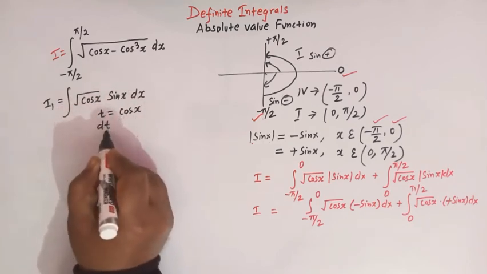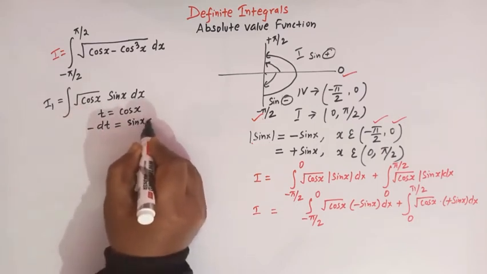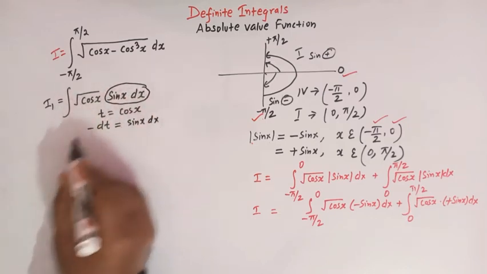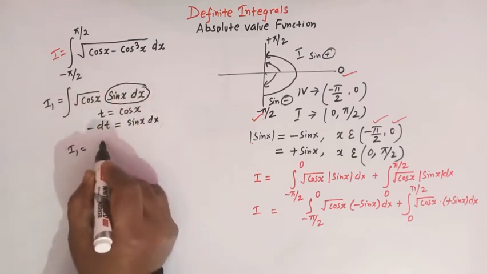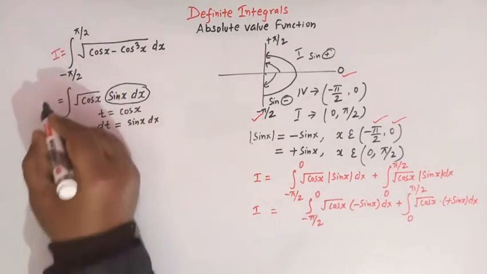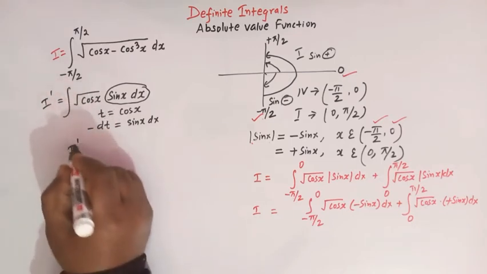So minus dt is equal to sin x dx. Since we have taken this as I1 and I2, let us take it as I prime.